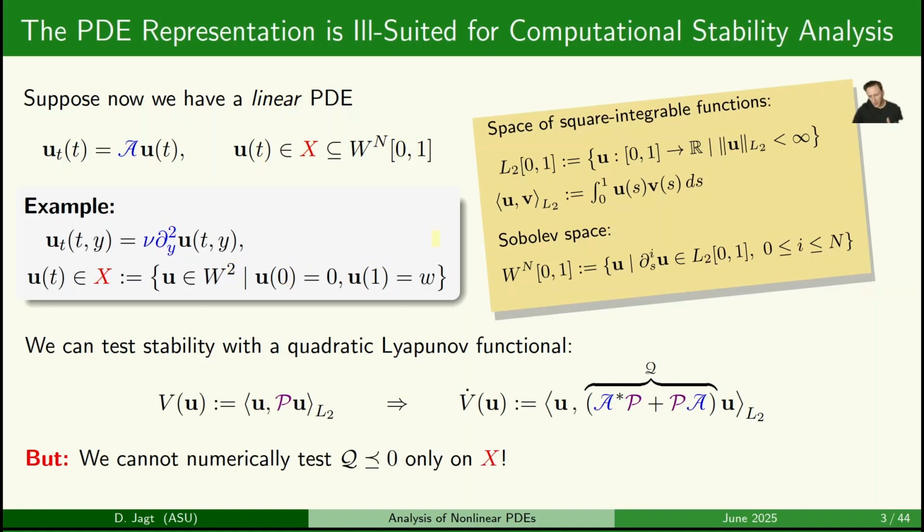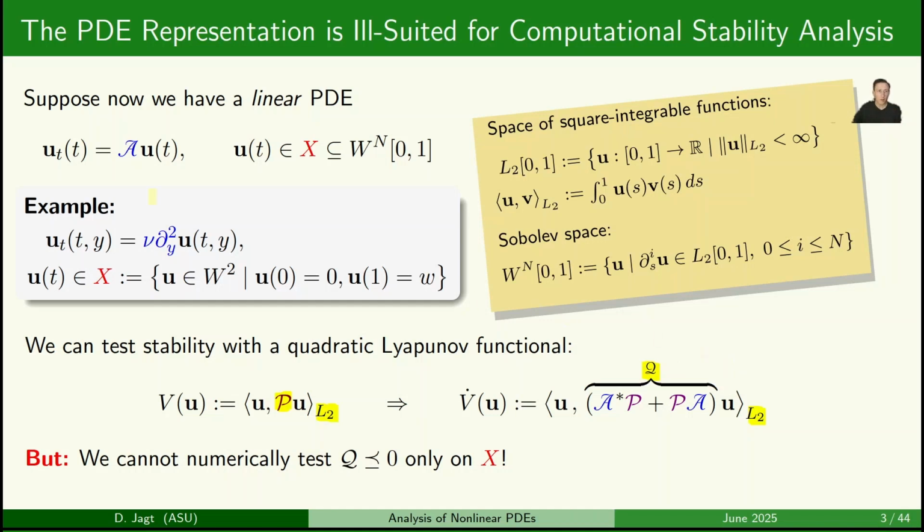Now, given this linear representation of our PDE, we can still test stability by looking for a quadratic Lyapunov function, where in this case, such a quadratic function will be given by the L2 inner product and parameterized by some operator P rather than just a matrix P. And then the derivative of this Lyapunov function along the vector field will again be quadratic with respect to the L2 inner product and defined by some operator Q.